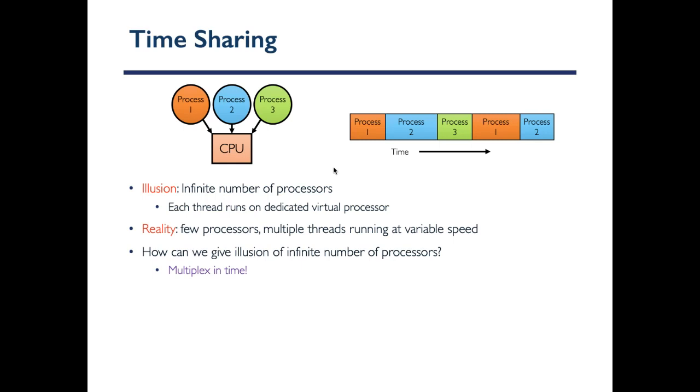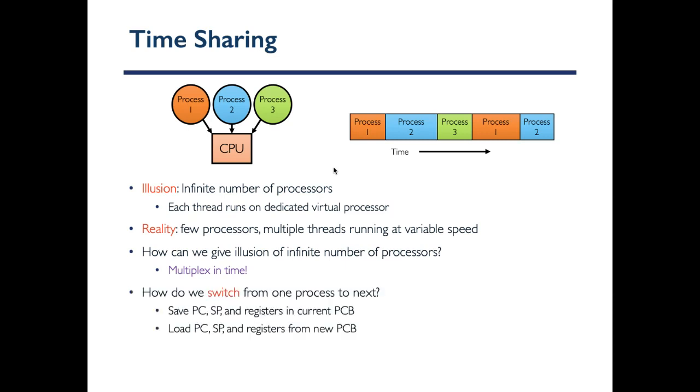Now, this has to be transparent to processes. They should not feel like they're being context switched. So the process of context switching, which we'll talk about in detail in the next lecture, should be transparent to processes. They should just feel like they're running on the processor and they own it.